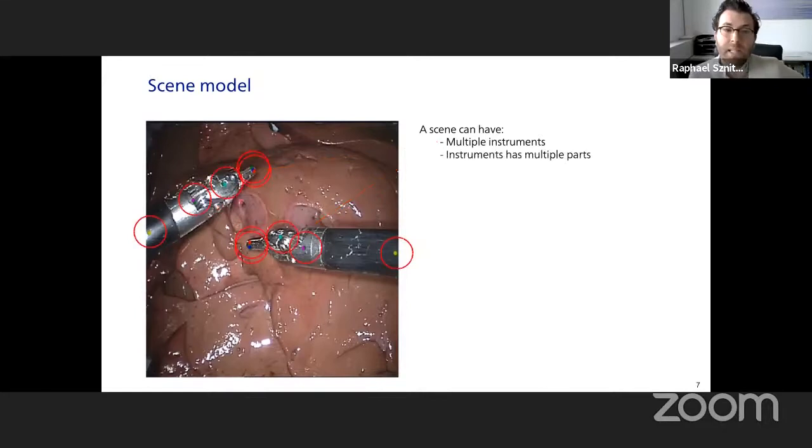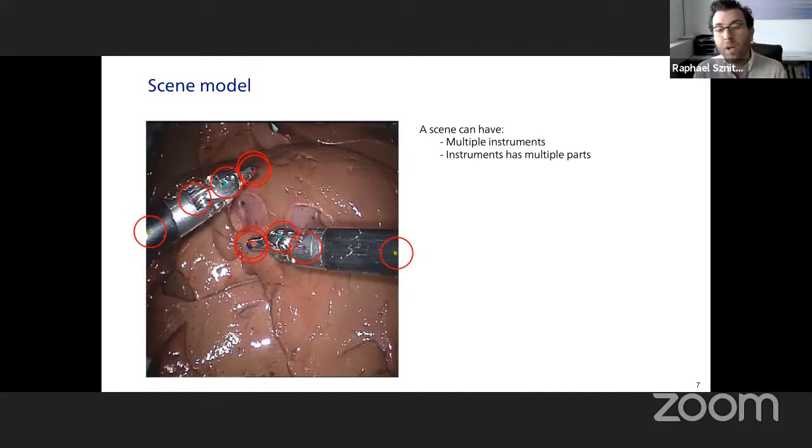At the same time, an instrument has multiple parts. It has a shaft, a wrist, tips, tweezers. These things can open and close like scissors. So you have these multiple parts that are important in order to understand where they are, both in terms of robotics, but also in terms of the general thing that's happening during surgery. What is actually going on?